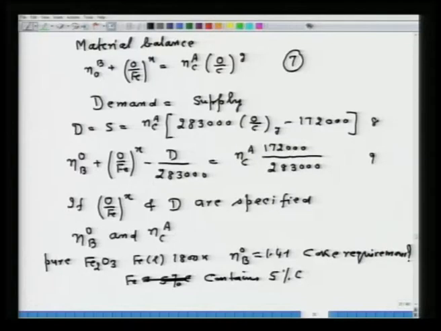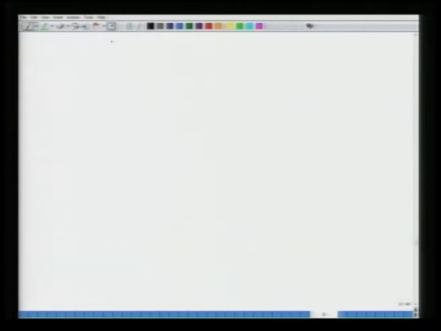So, if we do that, what we have to do? First of all, we calculate C by Fe, we have calculated in earlier cases. For the same, it is coming 0.25, then NCI, that is equal to C by Fe plus NCA.